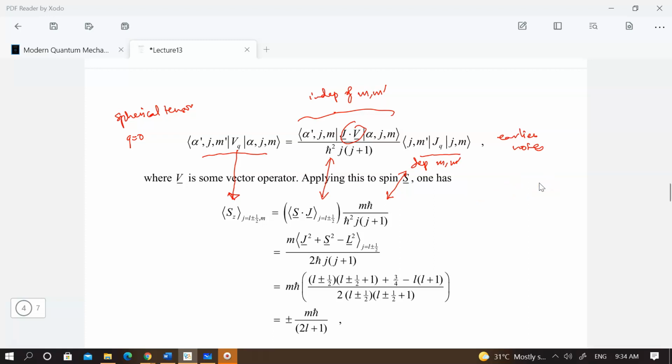So this gives you JM dash JZ JM, and JZ JM is essentially MH bar JM. So that gives you this part, and this one you just put underneath here.